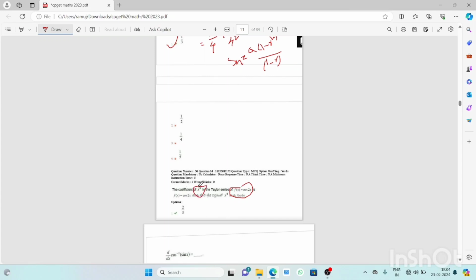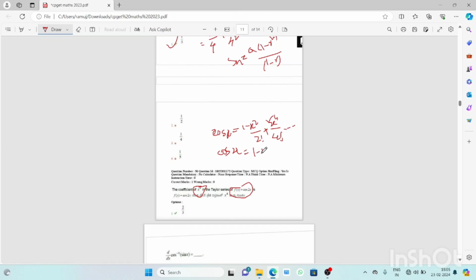If you remember, the cos x expansion is 1 minus x square divided by 2 factorial plus x to the power of 4 divided by 4 factorial minus and so on. But he provided cos 2x, so we simply replace x with 2x.